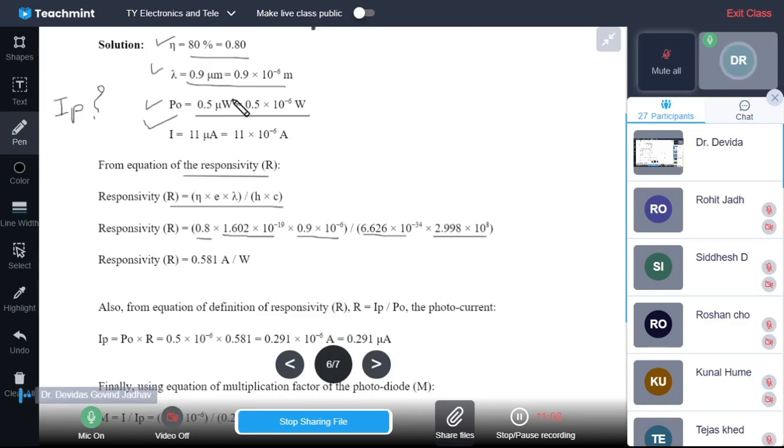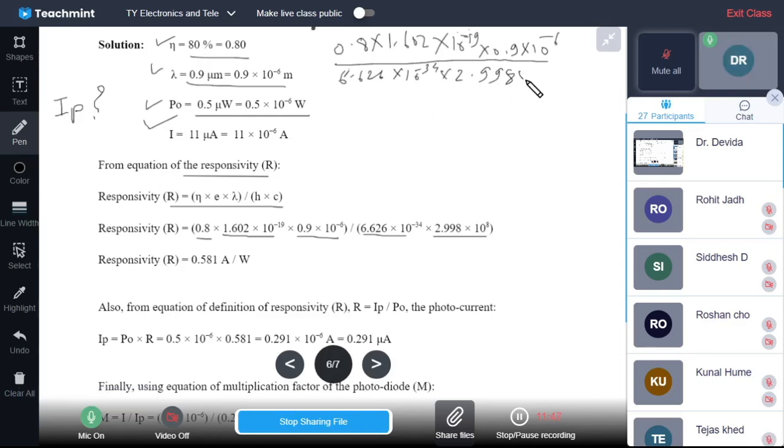So if you solve it, what will we get? 0.8, 1.602 10 raised to minus 19, 0.9 10 raised to minus 6, divided by 6.626 10 raised to minus 34, 2.998 10 raised to 8.